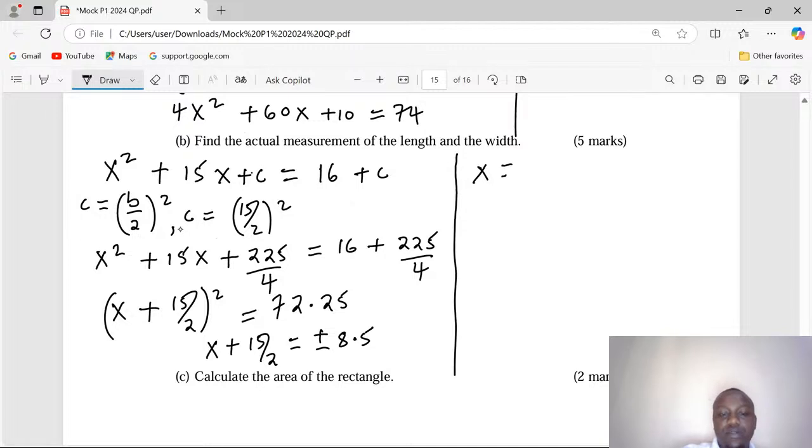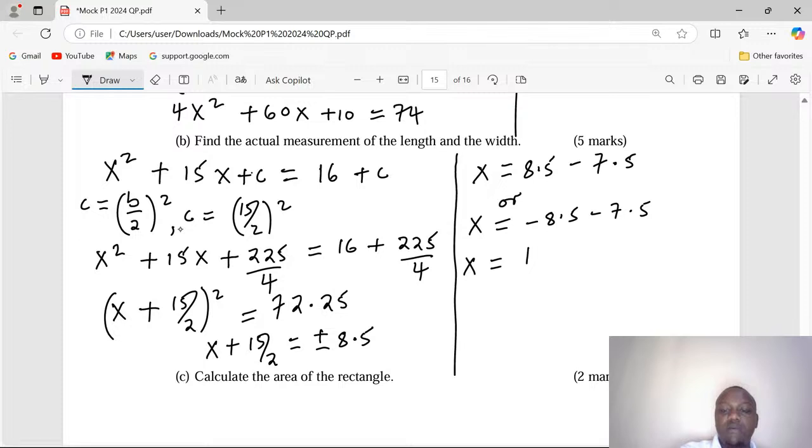Either x equals 8.5 minus 7.5, since 15 over 2 is equivalent to 7.5, or x is equivalent to negative 8.5 minus 7.5. From the first case, x equals 1, and from the second case, x will be negative 16.